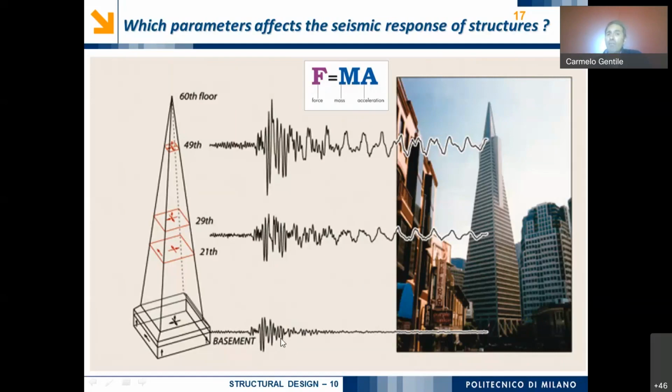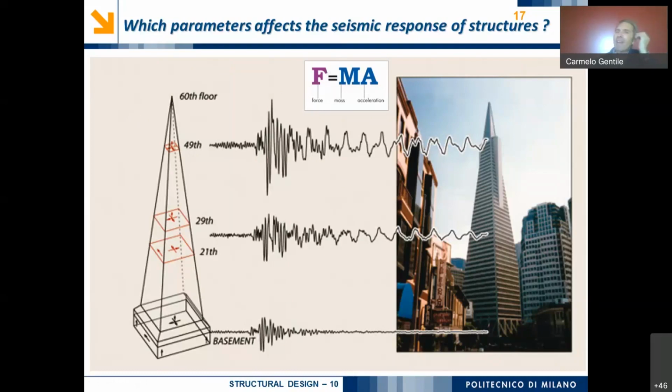And so if the structural acceleration is increasing with the distance from the basement, since we have that the inertia forces are proportional to the acceleration, then we have to expect that during an earthquake, the inertia forces representing the external forces are increasing from the basement to the upper floors.